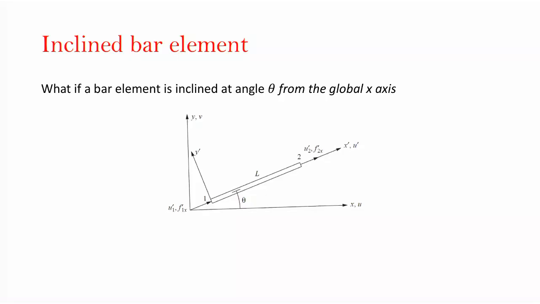So now what will happen if the bar element is inclined or tilted compared to the x-axis or y-axis? So now how can we derive the local K-matrix and global K-matrix?